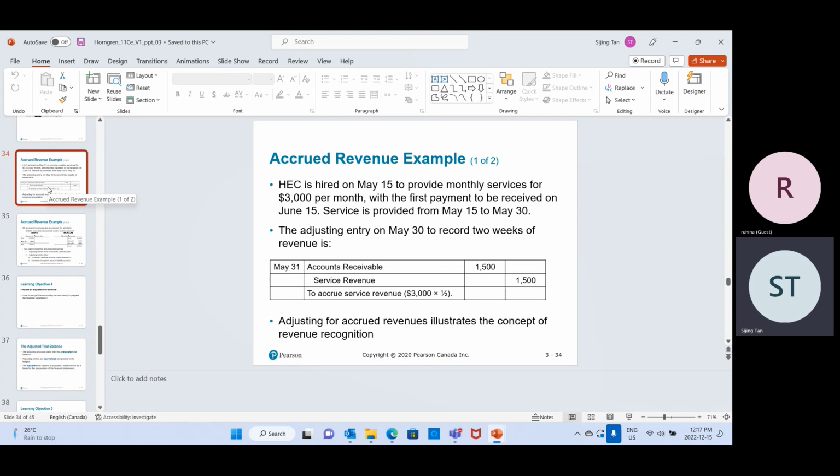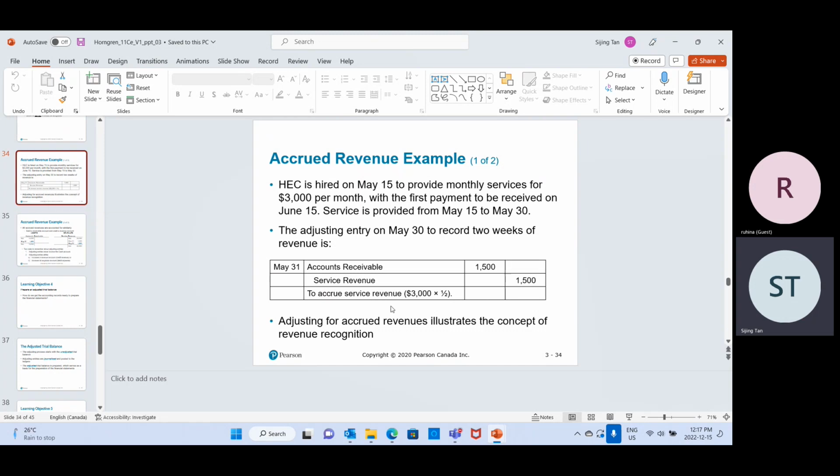We received the money first. You can see that this is kind of a vice versa journal entry compared to prepaid insurance. Prepaid insurance is from the standpoint of the purchaser of that insurance, right? But this accrued revenue is from the standpoint of the insurance company, which received the money first but hasn't provided service yet.